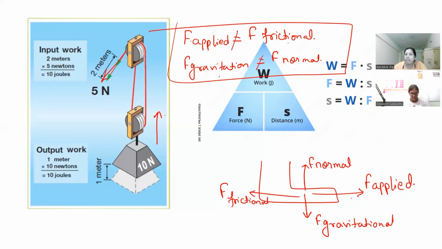Wherever we are applying the force, friction is in the opposite direction. Wherever there is a gravitational force, the normal force is always in the opposite direction. We call torque. Understood? Got it.